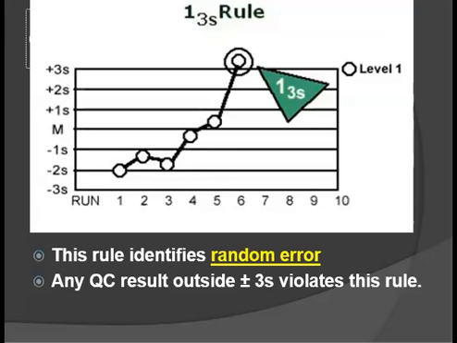Now, let us proceed to the rules that will allow us to detect random error. And the first one is your 13S. So when we say 13S, there is only one data value that occurs outside the plus minus 3 SD. Okay? So if you see this, it already violates the 13S.